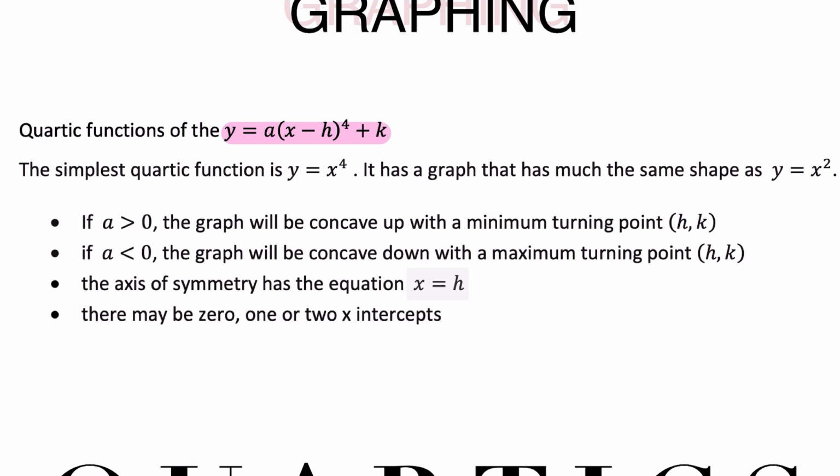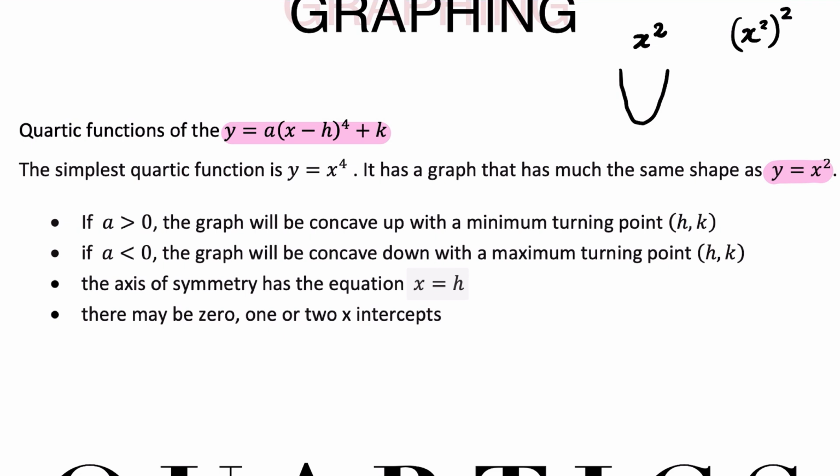It's very similar to the shape of y equals x squared, except of course, because it's to the power of 4, it grows a little bit differently. If you think about our function x squared, that's just going to look like this. That's just our basic parabola. But really, the power of 4 is just x squared and then square it again.